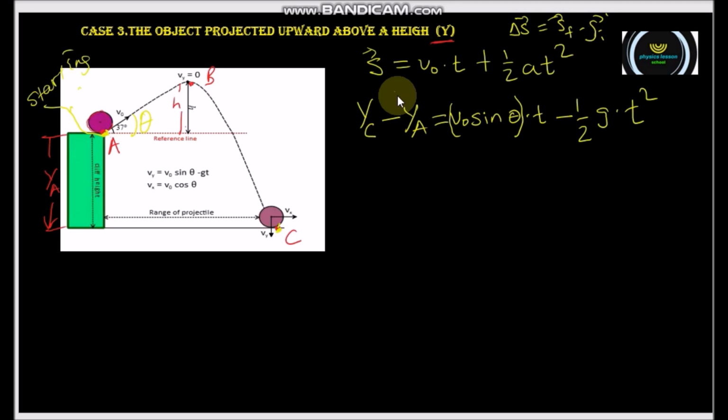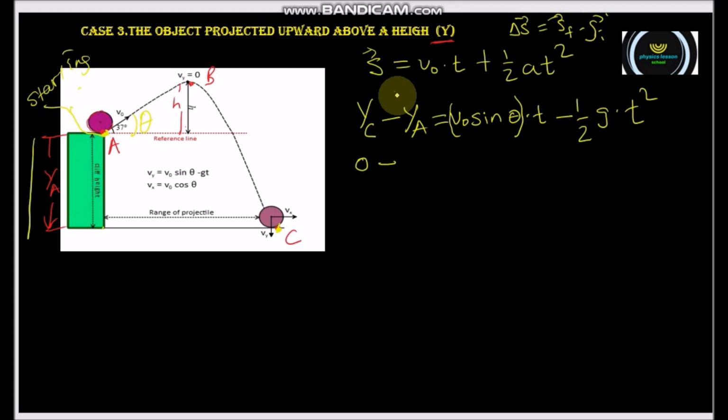All right, now what is the height or the displacement at point c for the vertical? The object is thrown upward and then comes down to here, its final displacement at point c is 0, minus ya.